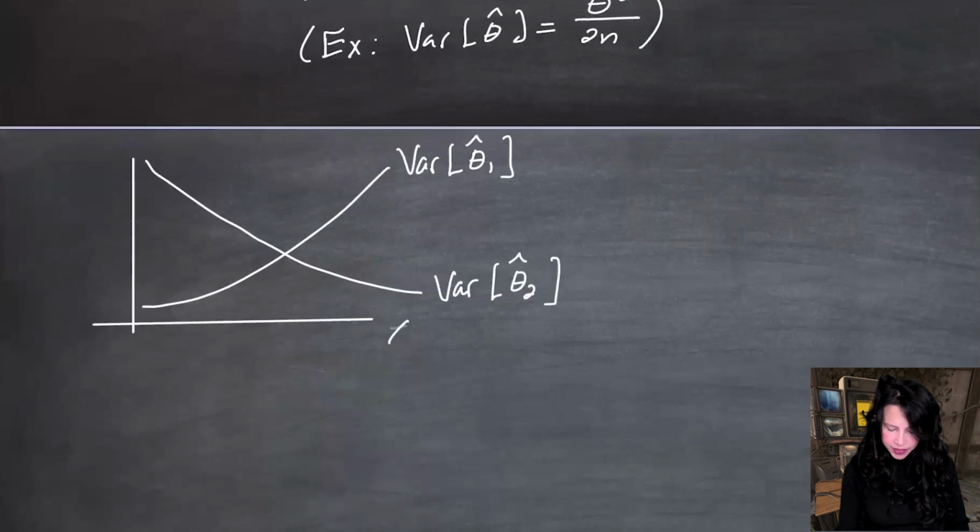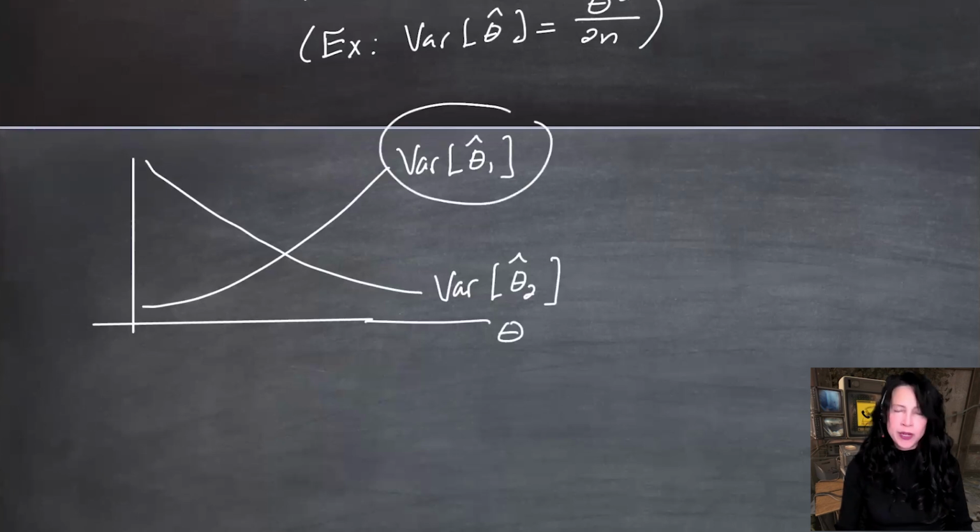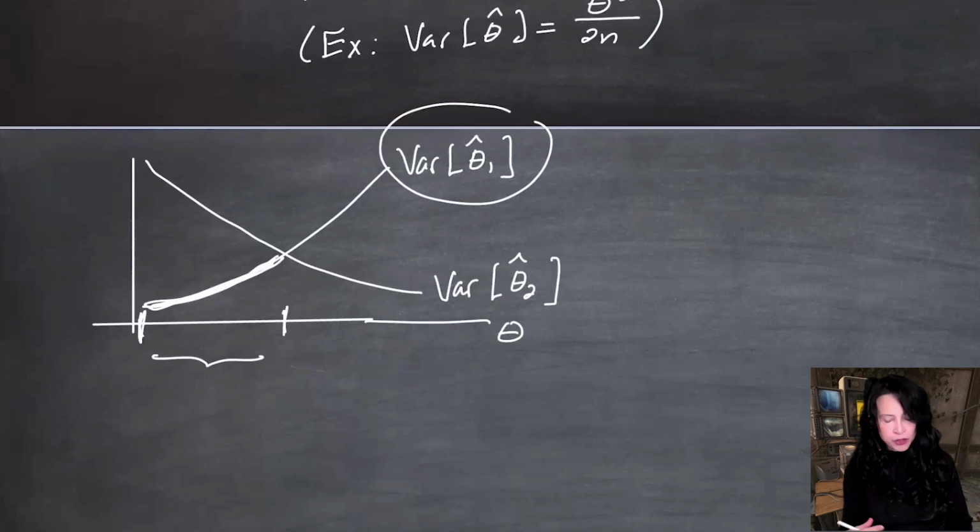So what you can say is that the theta 1 estimator is better in that it has lower variance in this region. This is the region on the theta axis for which the first estimator is better in terms of lower variance. And then out here, the second estimator is better because it has lower variance.